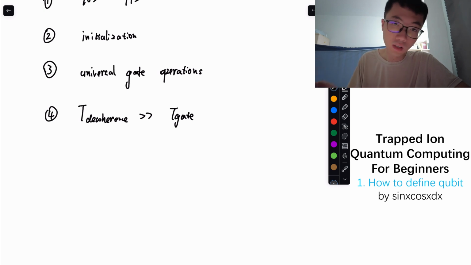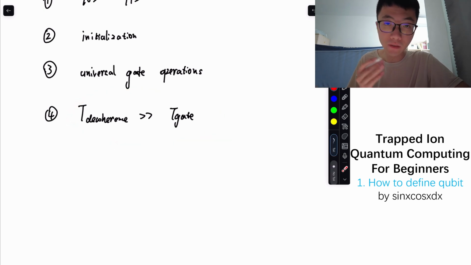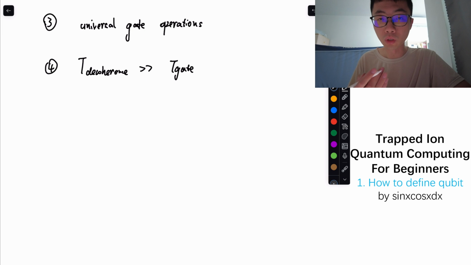It loses information. So before the information is lost, you need to do enough gates. If this criterion is satisfied, we can do enough gates before the coherence is lost, so that we can use this to do quantum computing.